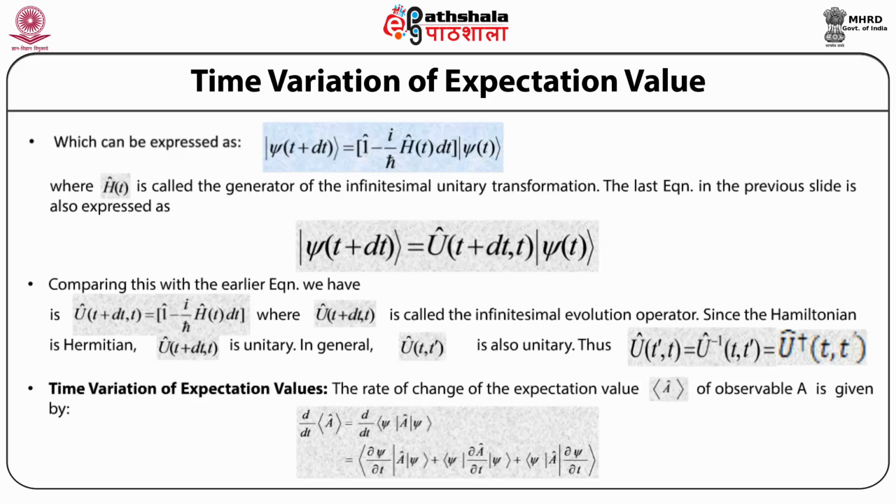or the wave function psi of position vector r2 and time t2 is equal to the volume integral over dr1 of the bra vector r2 time evolution operator U of t2 and t1 acting on ket vector r1 bra vector r1 acting on the ket vector psi at time t1, and this can then be written as the volume integral over dr1 of bra vector r2 time evolution operator U of t2 and t1 acting on psi of position vector r1 and time t1.